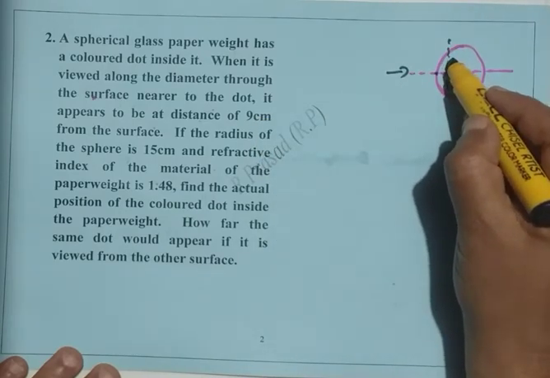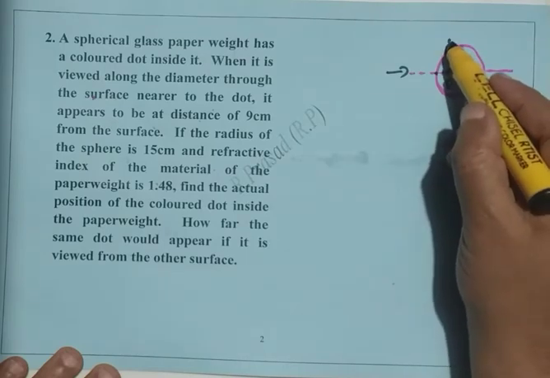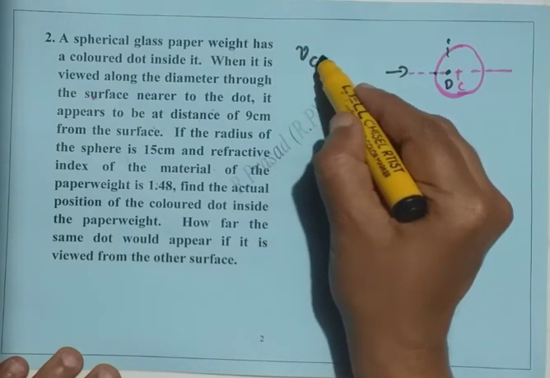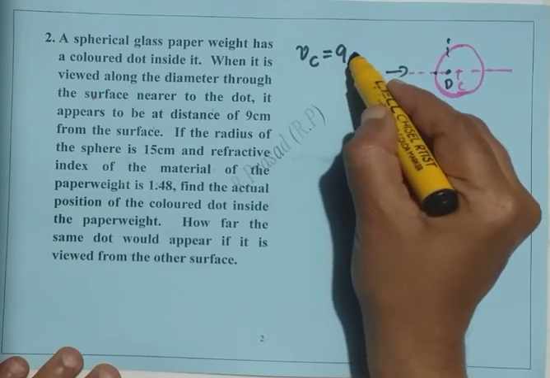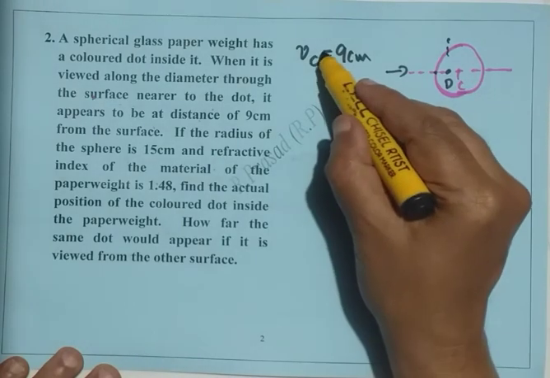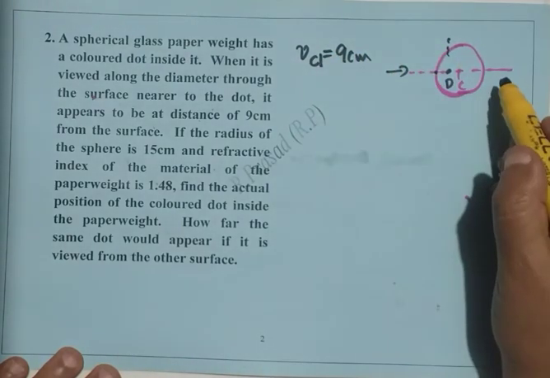it appears to be at a distance of 9 cm. That means the image distance from the curved surface, I call it VC, is 9 cm. C stands for curved surface 1, C1 we say.